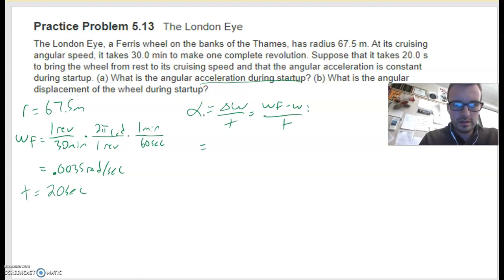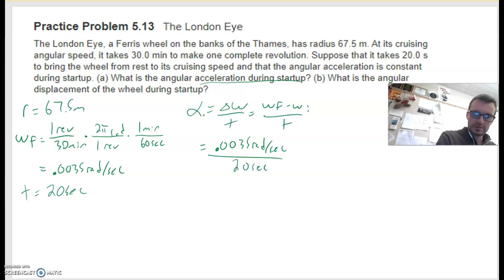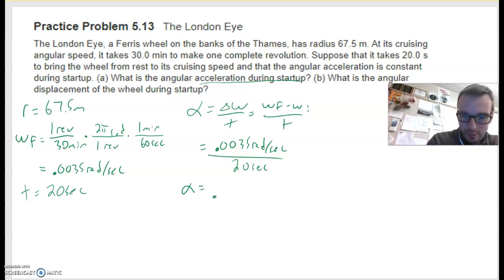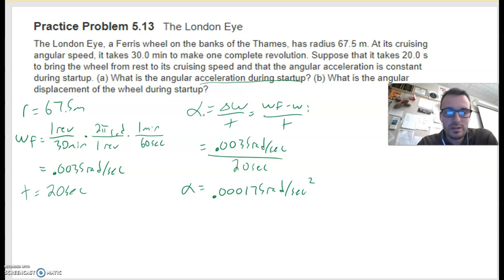And so we're going to plug this in here. We're going to have 0.0035 radians per second divided by 20 seconds. If you thought that number was small, wait till you see this one. 0.0035 divided by 20. Boy, that's tiny. All right, so this guy, angular acceleration, is 0.0000175 radians per second squared. So that's super tiny. That's the angular acceleration, to be specific, during startup.